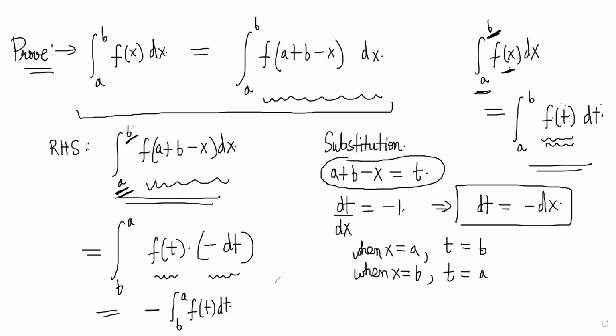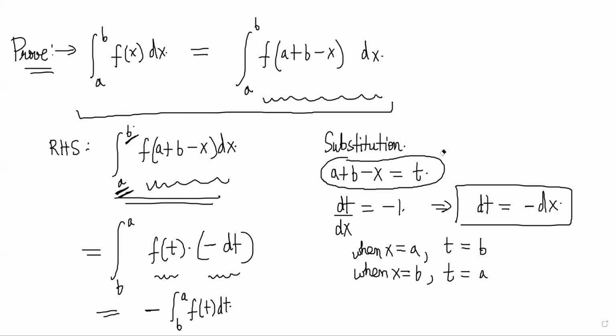Now, one more important property is what happens if the limits of the definite integral are interchanged. For example, if I have the integral from a to b of f x dx, and on the other side I have b to a of f x dx, what is the relation between the two? This will be negative.